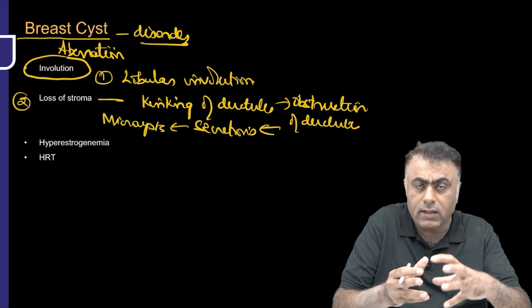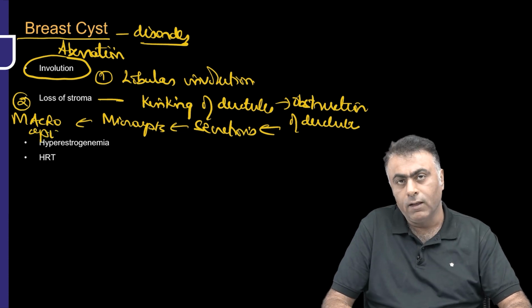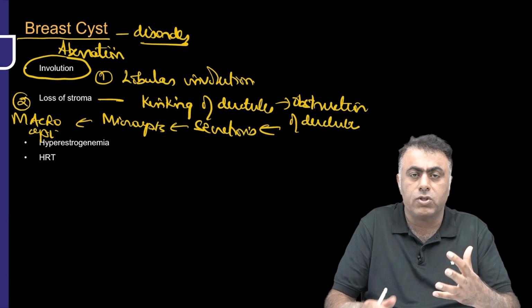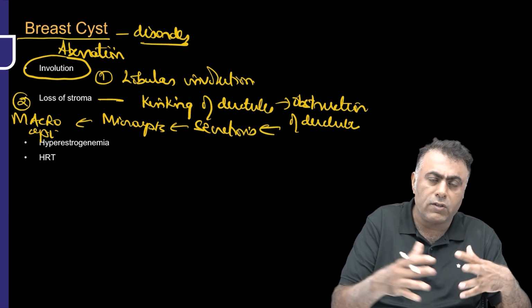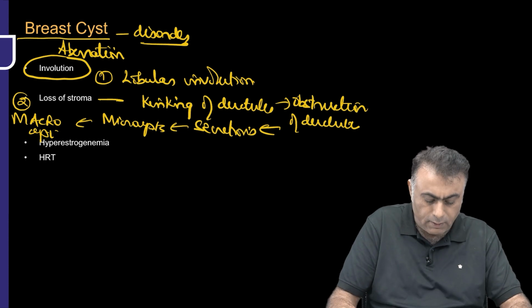Different microcysts conglomerate together to ultimately lead to a macrocyst in the breast. So that's another pathological mechanism: loss of stroma leads to kinking of ductules, ductular obstruction, accumulation of secretions, and formation of microcysts, which can conglomerate to form a macrocyst in the breast.